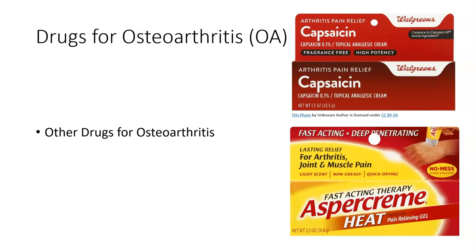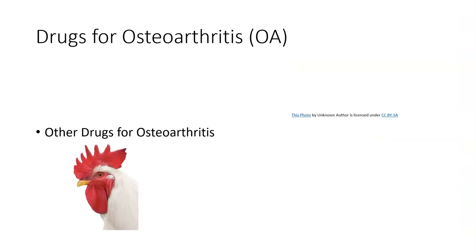And then we have hyaluronic acid, which is really weird, that it either comes from the comb on a chicken or a rooster, or it can be made by bacteria. But it's very thick, and it can be injected into your joints to increase the viscosity of your synovial fluid. It kind of lubricates your joint.